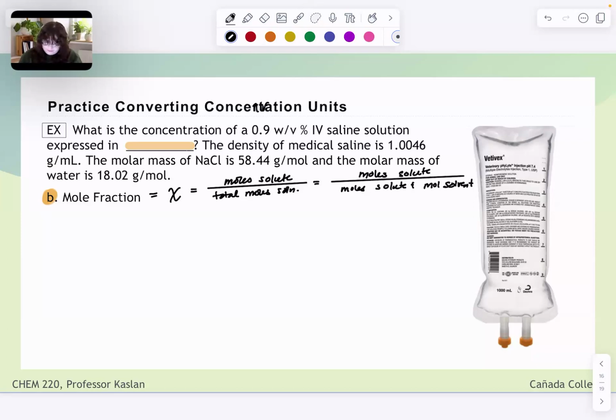Okay, so again, chemists are cheap and lazy. Let's go back and see if we have some idea about the moles of solute and maybe something about the solvent.